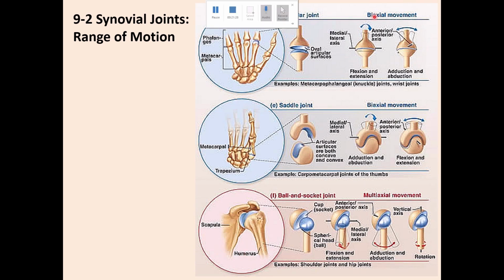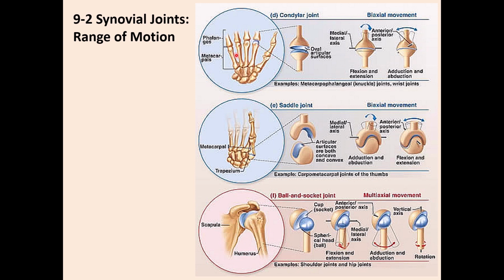Another one is called the biaxial movement. The biaxial movement divides into condylar and saddle joint. Condylar is oval shaped. On one side you see a depression, on the other side you see a bony prominence, but it's an oval shape. It's not very deep, but they have two different movements, because these are called biaxial: flexion, extension, abduction, and adduction.